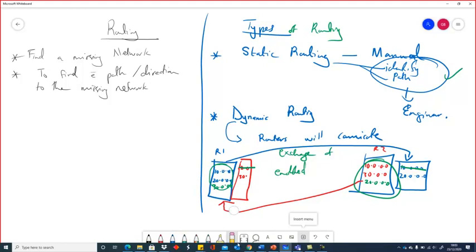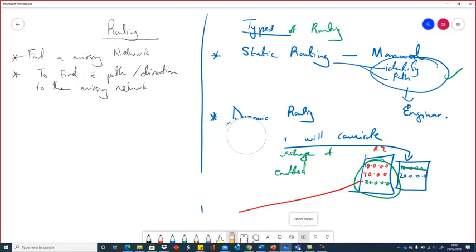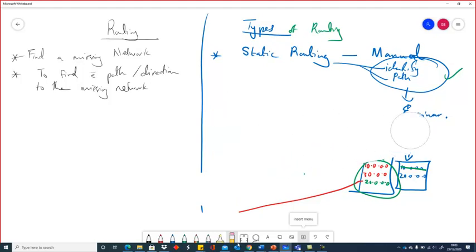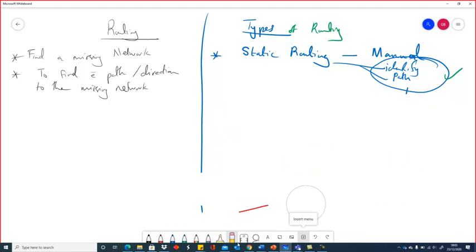Okay, so the next thing is for us to go a bit further into what static routing is. When we talk about static routing, we're talking about a case where the network engineer will have to go into the device and do the configuration himself by first of all identifying the networks, looking for the path, and then telling the router how to get there.